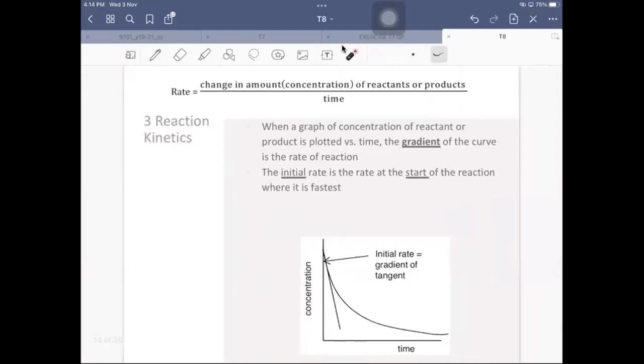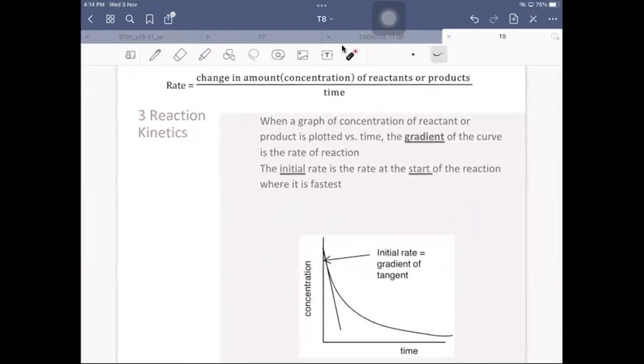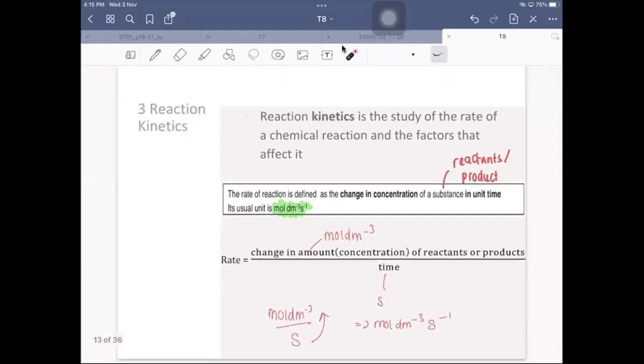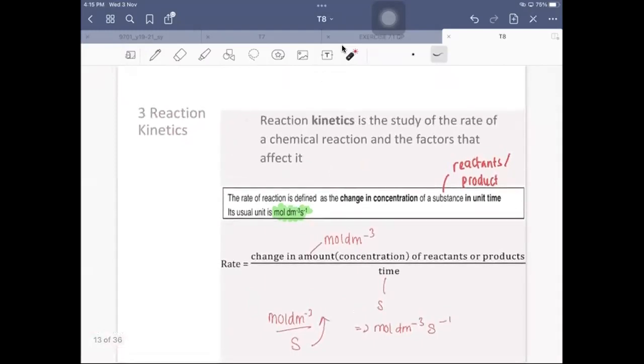All right. So how can we find the rate? Oh, before I forget, rate is also inversely proportional to time. So you can see here, rate is inversely proportional to time. If the time of your reaction is long, if it takes long for the reaction to finish, we say that the rate is slow.